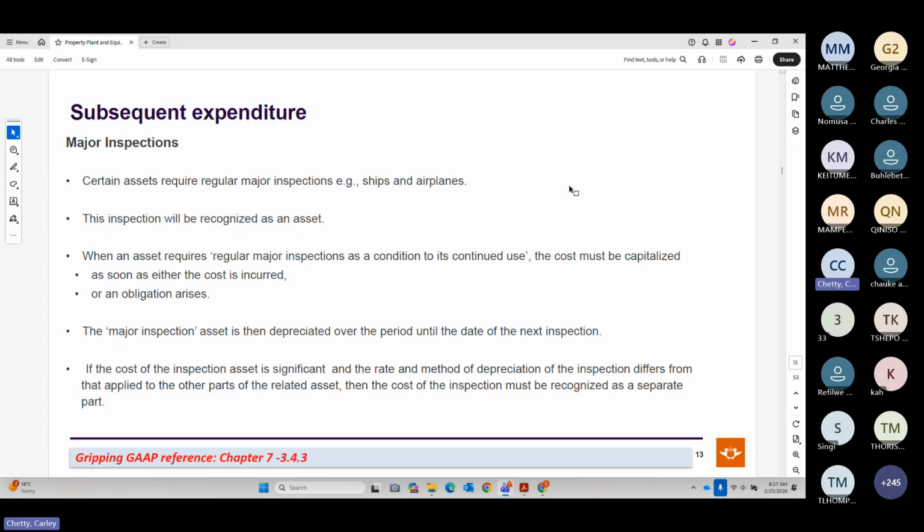Often the inspection will need to be performed every 2 years or 3 years on a ship or an aeroplane, but the useful life of the ship or aeroplane could be like 10 or 20 years. So then it makes sense that the inspection asset is recorded separately.